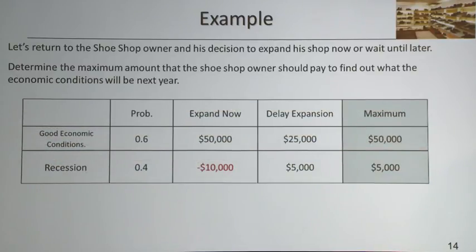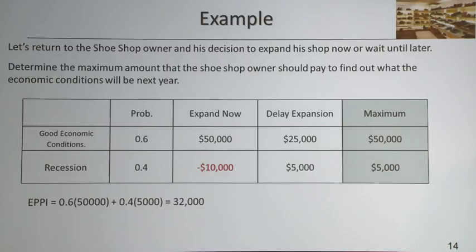So here's our payoff table, and here I've added a new column which has the row maximums, because we've got to work out EPPI first. So we use these maximums and the probabilities, 0.6 and 0.4, as an expectation, and this gives me EPPI. So if we made the best choice every time, on average we'll make $32,000.